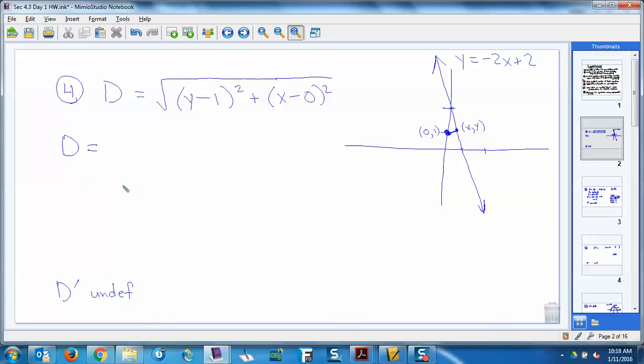I called it x and y because I don't know what it is. I want to find the point on that line that's closest to the point 0, 1. So I'm trying to minimize distance. Right away that tells me to write down D equals, that's what it's going to be called, that I'm trying to minimize.